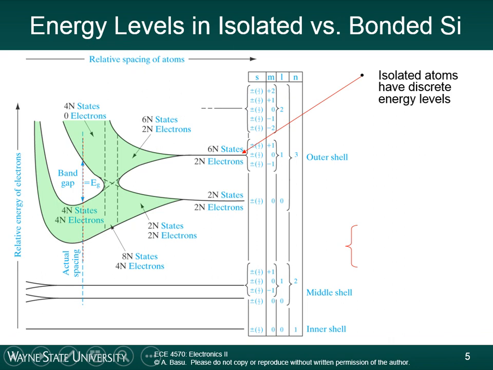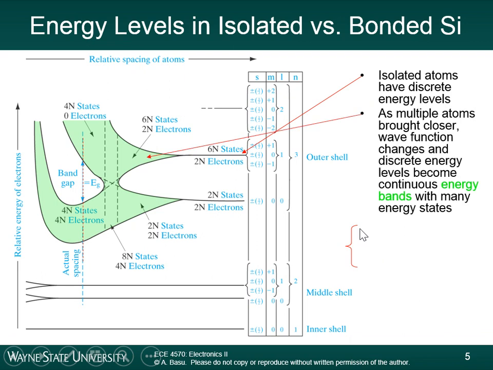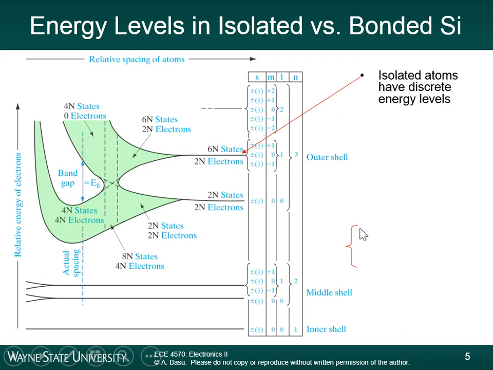In this case, if we look just along this line, which I'm pointing out here, then we'll see that these are what the energy states are. We have the inner shell electrons here. This is the 1s. This is the 2s energy state. This is the 2p here. And then we have the 3s and the 3p energy states up here. So that's for isolated atoms.